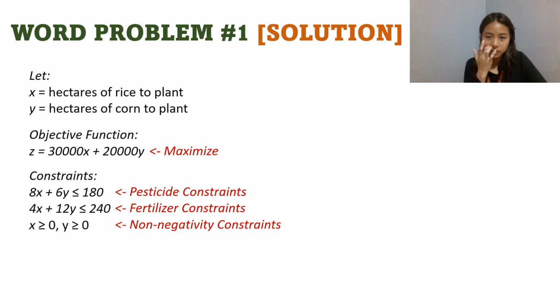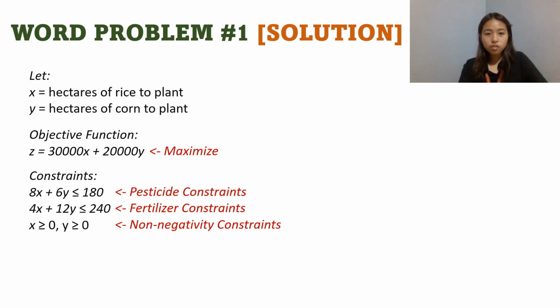In the fertilizer constraint, the total amount of fertilizer used should not exceed the available fertilizer, which is 4x plus 12y less than or equal to 240. And the non-negative constraint is x greater than or equal to 0 and y greater than or equal to 0.